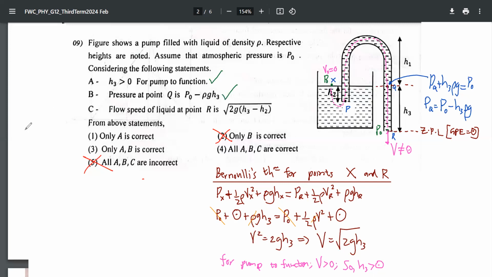Flow speed of liquid at point R is this. Is it correct? No. Why? Because here we have figured it: V is equal to root of 2g H3, not this. Therefore, the correct answer for this question is the third one. It is not the exact past paper question. That's why I like this question. The idea is from a past paper, but the approach is different.